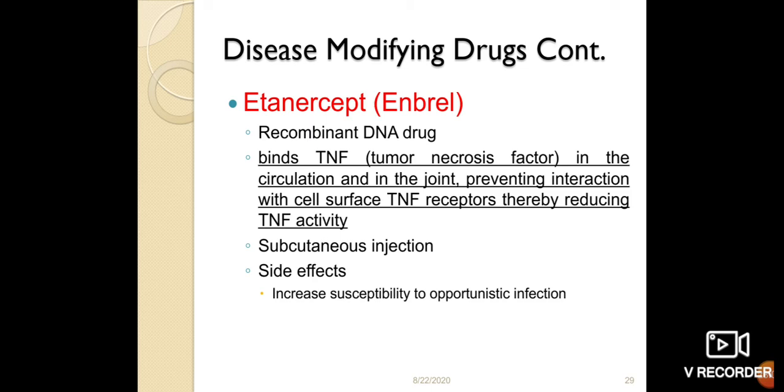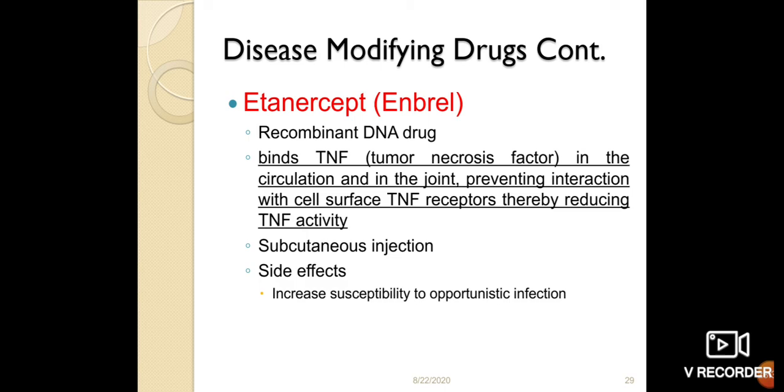It is a recombinant DNA drug that binds tumor necrosis factor in the circulation and in the joint. So binding with tumor necrosis factor prevents it from interacting with the immune cells. So it inhibits the immune reaction against this inflammatory condition caused by autoimmune disease.